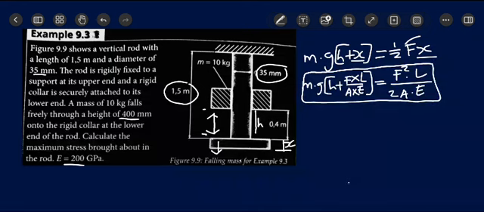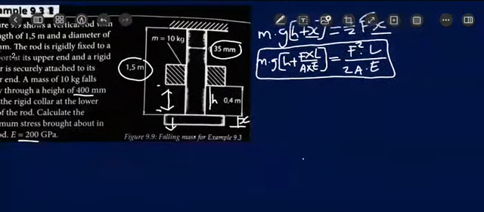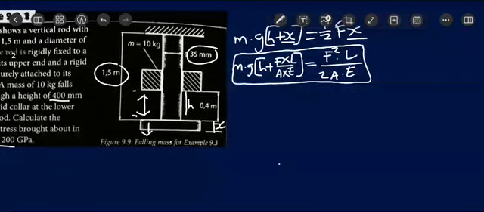So we can apply that formula as we've been given the mass. What is the mass of this object? The mass is 10 kg, multiplied by gravity 9.81.